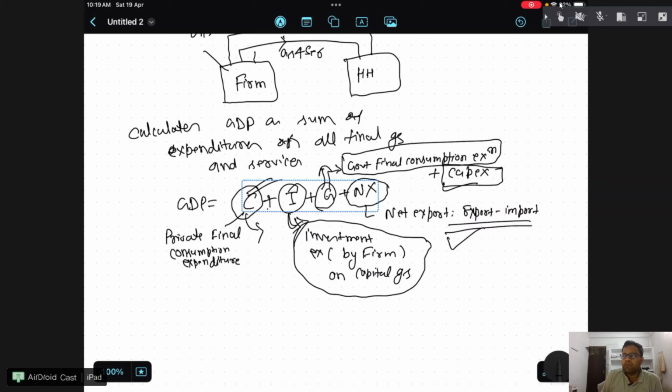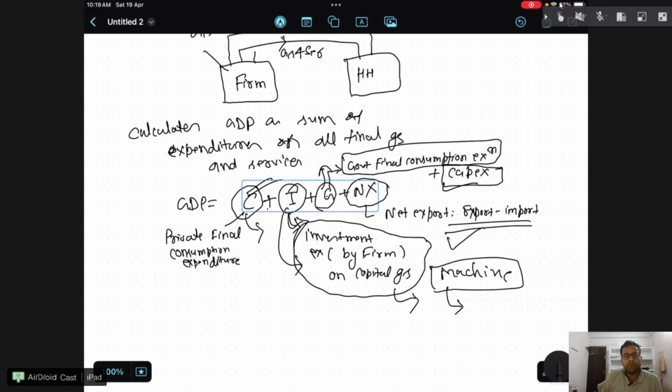Again, to understand this term, firms are establishing new machines in their factories. These machines first come from another firm, and the firms use them as capital expenditure. So this is one of the expenditures made by the firm, and we use this in the second category.